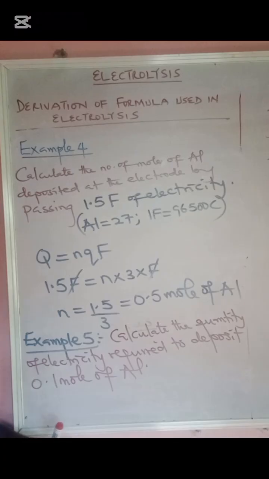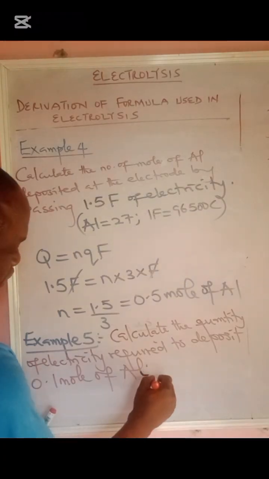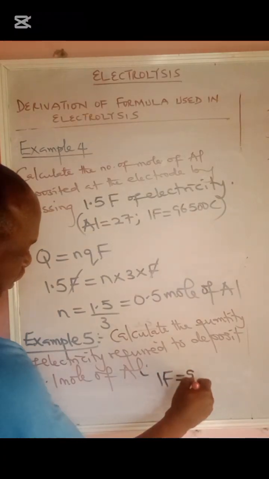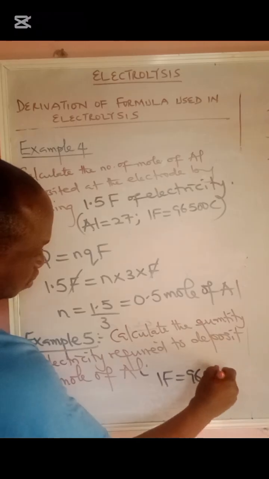Take 1 Faraday to be equal to 96500 coulomb. Take note of that.